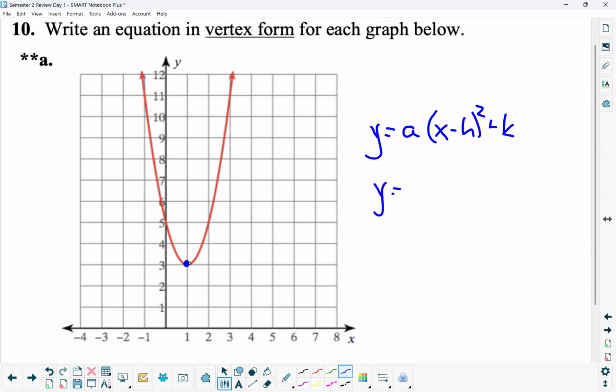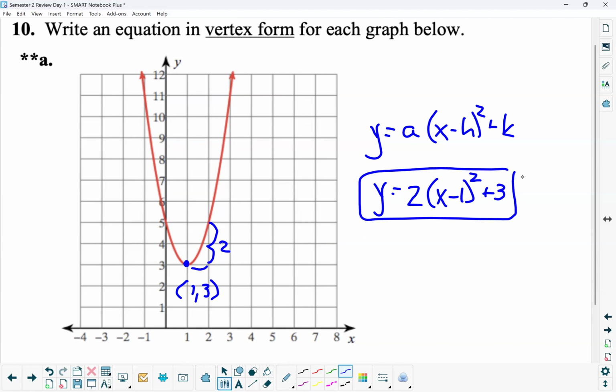I start at my vertex, I go over 1, and in this case, I go up 2. That is my value for a. The coordinates for my vertex are 1, 3. So I have 2 times x minus 1 squared plus 3. And that's my equation.